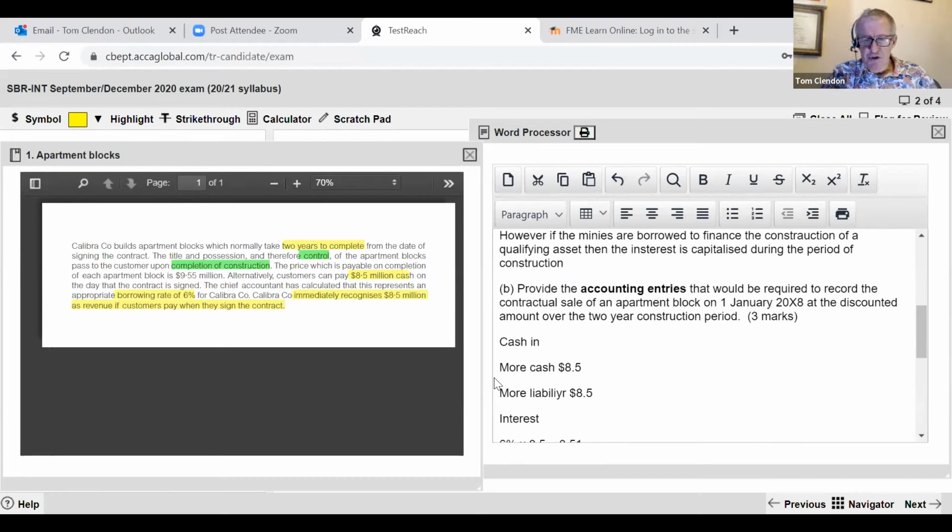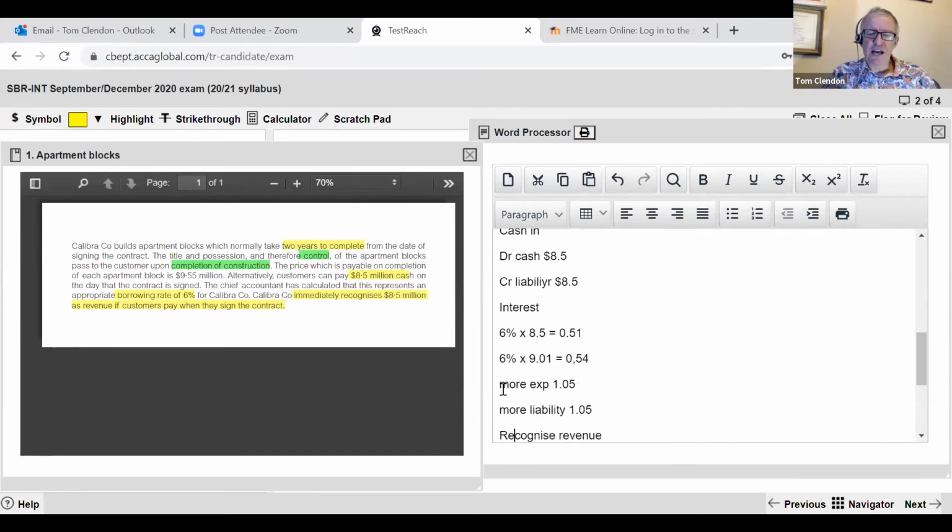And of course, those of you who are comfortable with debits and credits know that when you've got more cash, you've got more of an asset, and that's a debit. And when you've got more of a liability, that is a credit. And if you want to present your answer as debit and credit, respect, well done, fine, perfect.